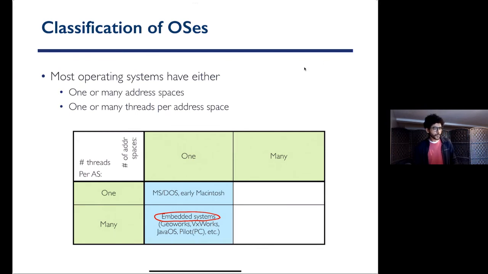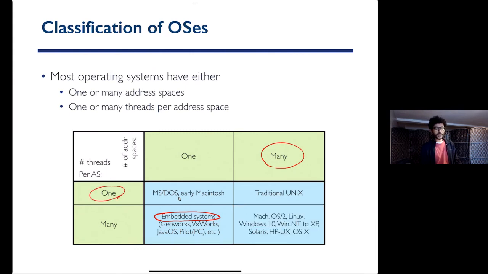Okay, so coming back to what we were talking about, the traditional Unix systems were in this area where there were a bunch of processes, but each process had a single thread. And most modern operating systems are here, many processes and many threads.